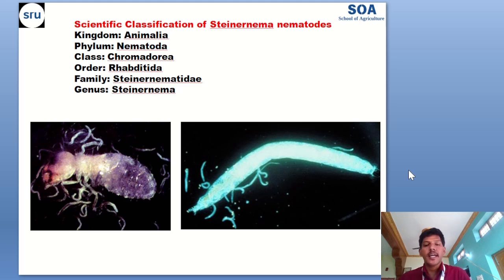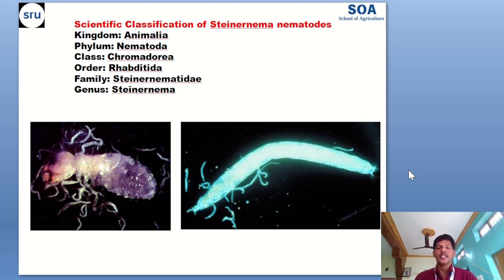See here the scientific classification of Steinernema nematode. It belongs to kingdom Animalia, phylum Nematoda, class Chromadorea, order Rhabditida, family Steinernematidae, genus Steinernema.